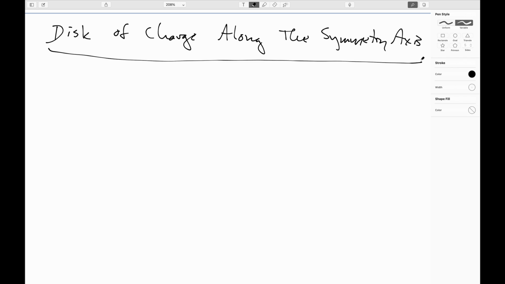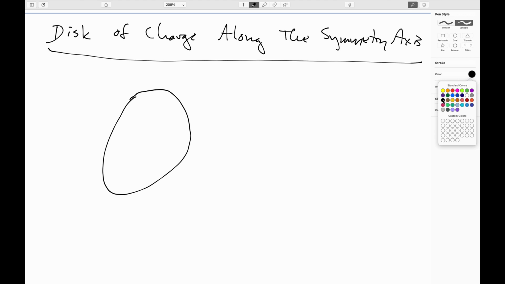Yeah, okay. For clarity's sake, I think it'll be a little easier if I do my disk more... that's a bad disk. Let's try it again. There. All right. So now the idea is if I'm sitting out along the symmetry axis of my disk.